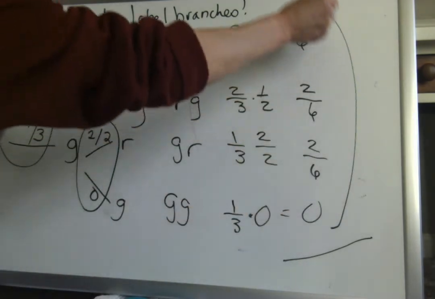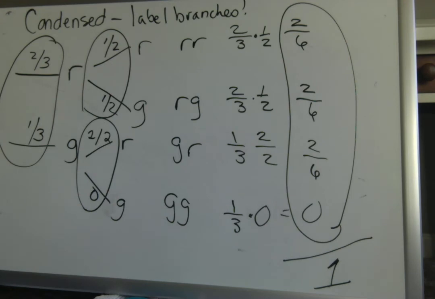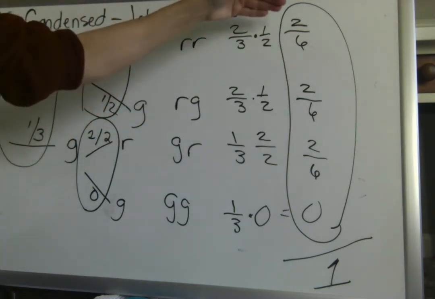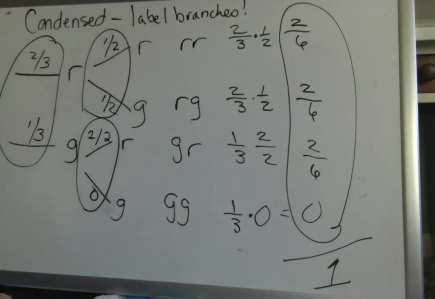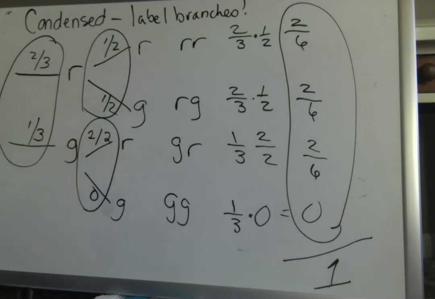And look here, if you've done it right, that should add to 1 or 100%, right? 2/6 plus 2/6 plus 2/6 is definitely 6/6, definitely 1. So the reason why we do the uncondensed version earlier is so the students can compare and say, yes, we did get the same thing.